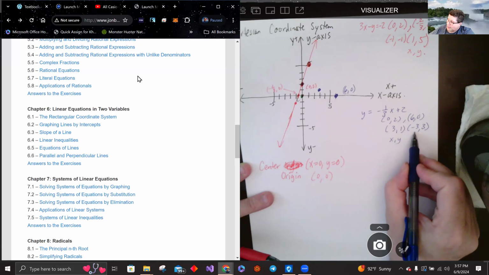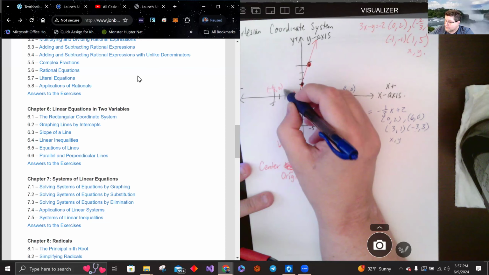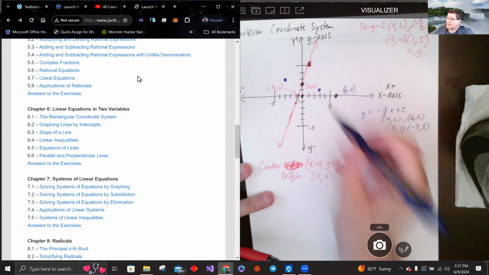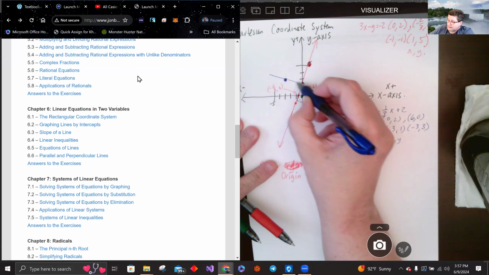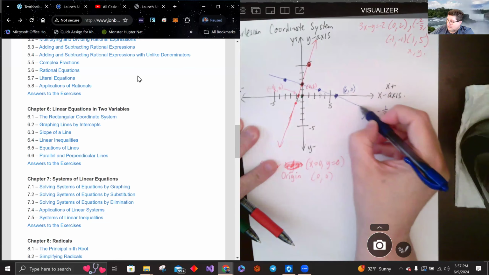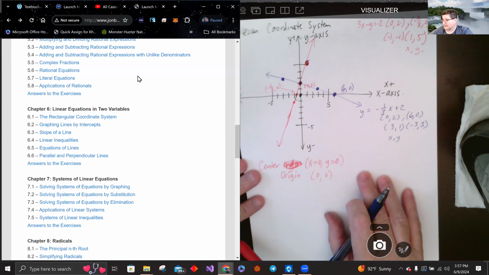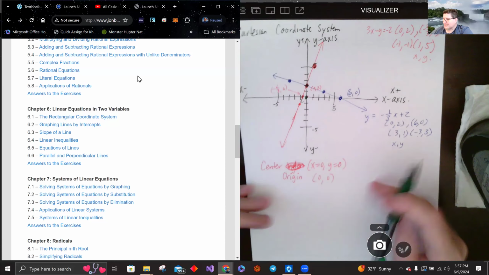And then I want to go 3 in the negative direction on x and up 3 for that. It looks like I can connect the dots here. All right, it's a little bit more information. That's how we graph lines.